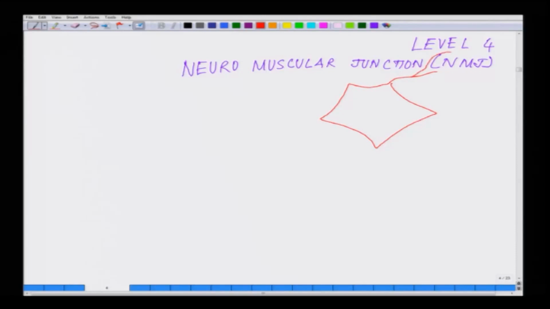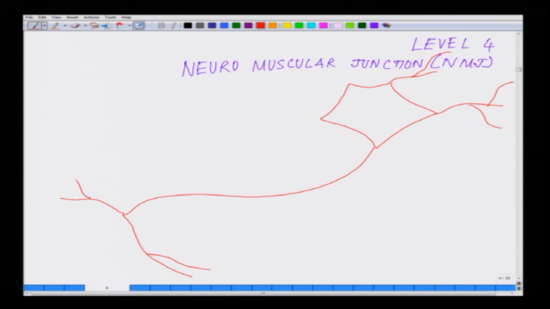These are the huge neurons, and they are the ones which are coming and innervating the muscle. Here you have the muscle. Okay.